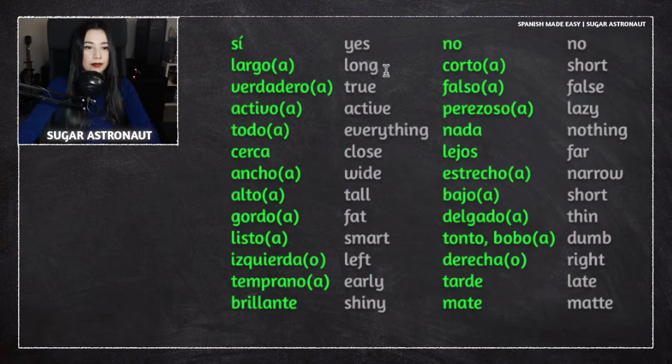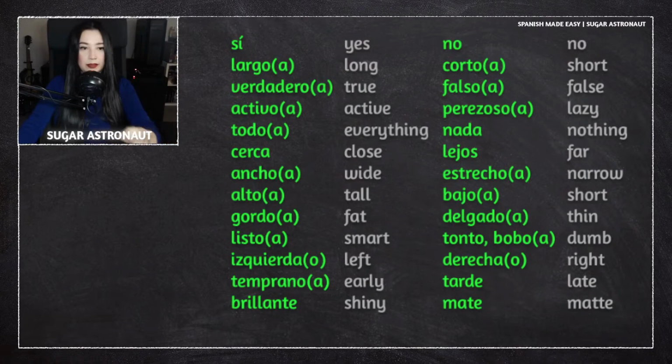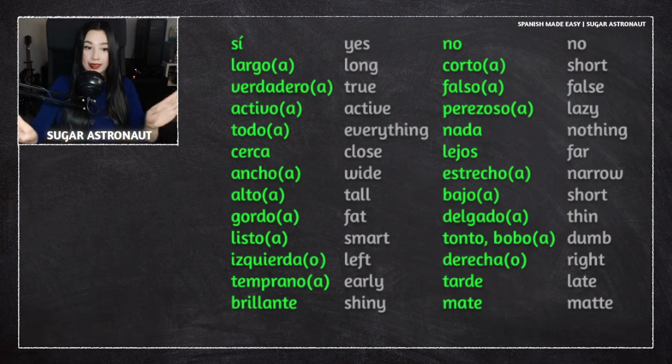Excellent. So we have, I think, 14. Is it 14 or 13? Something like that. But we learned all of these words. So I'm just going to repeat all of them really quickly without the meaning, because we already talked about that, and then we will continue. Sí, no. Largo, corto. Verdadero, falso. Activo, perezoso. Todo, nada.